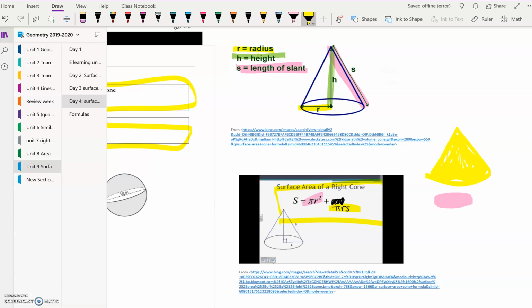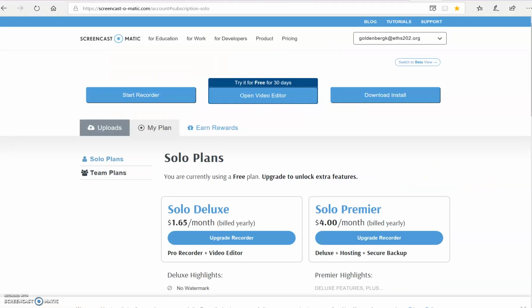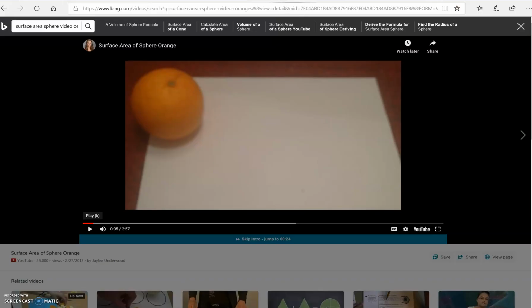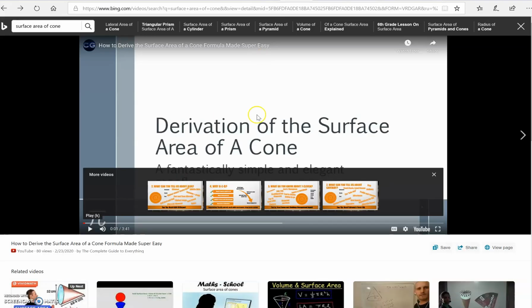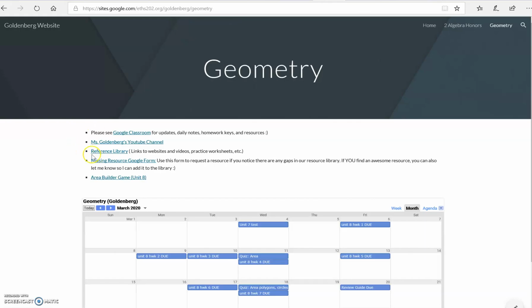I've actually got a video that walks us through how to find the surface area of a cone. I'm going to pop my screen over for a second just to show you where that is. In the reference library, which remember is on my website, you go to the reference library option.